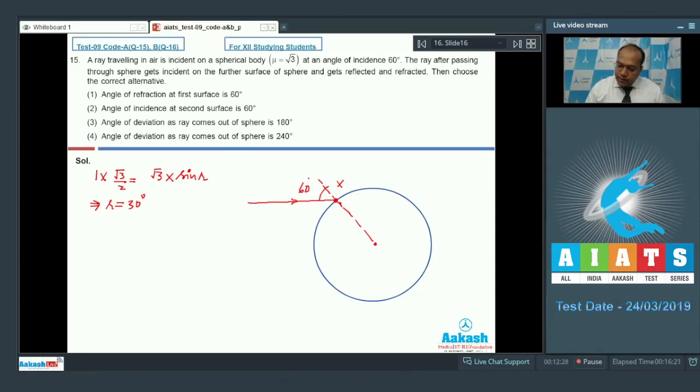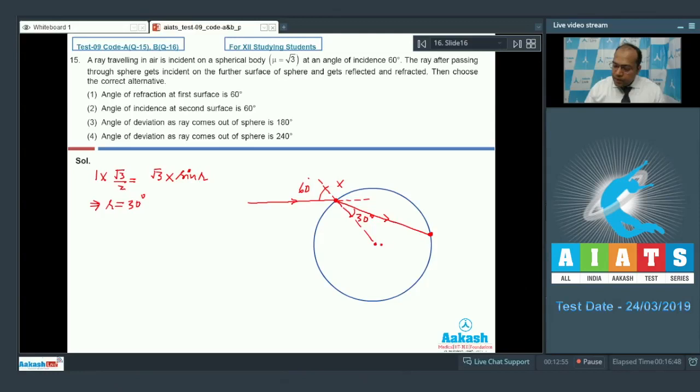So it means that initially the ray wants to travel in this direction, but the refraction occurs at this point and the ray will bend towards the normal and will move in this direction. So it is something like this. It moves in this way and is incident on the further surface at this position. This angle of refraction is 30 degree.